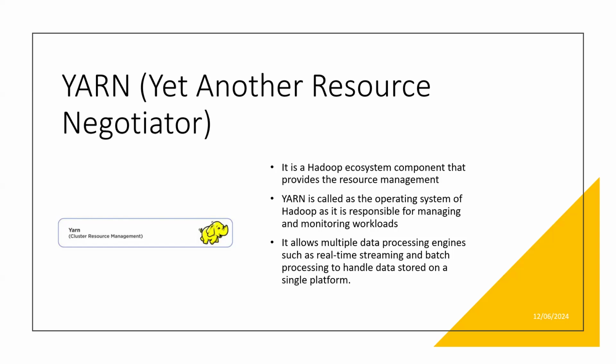So you can think of it as an operating system for Hadoop, right? Basically, it will manage and monitor the workloads. So this will allow multiple data processing engines to handle the data in HDFS. And then it can perform things like real-time streaming and batch processing, right? To handle data stored on a single platform.